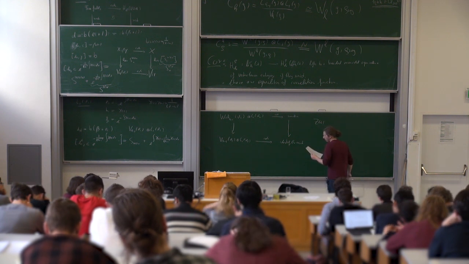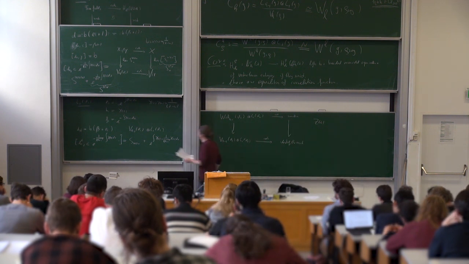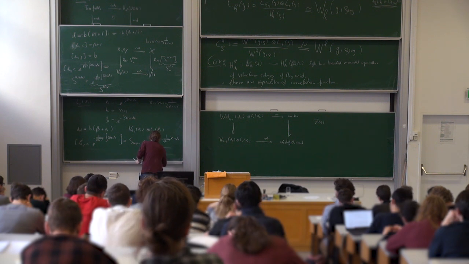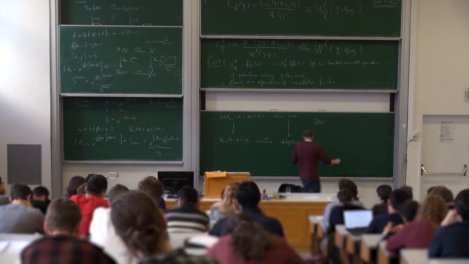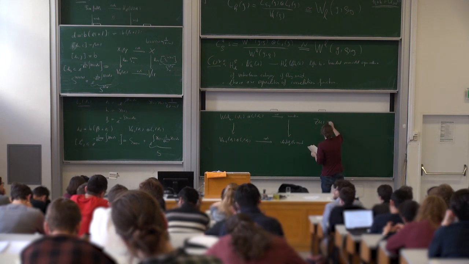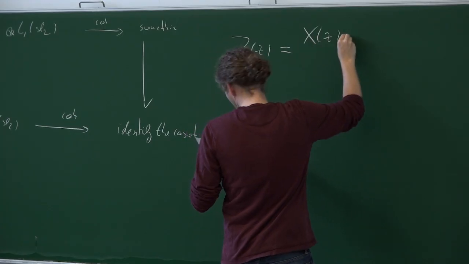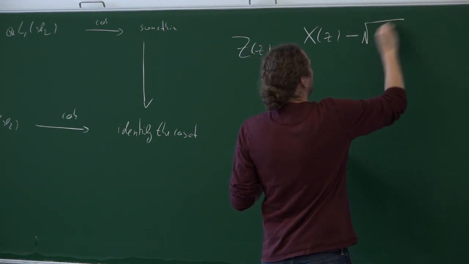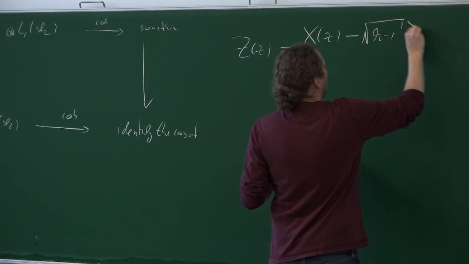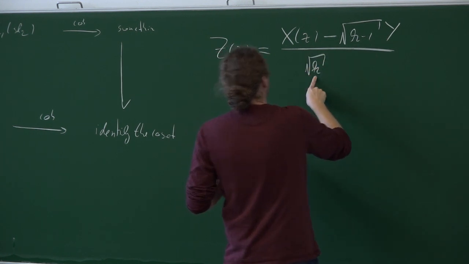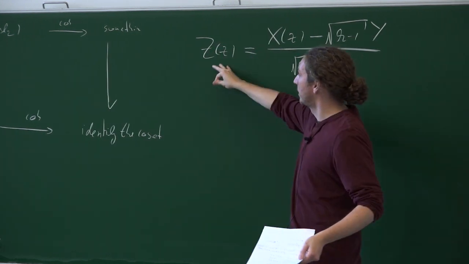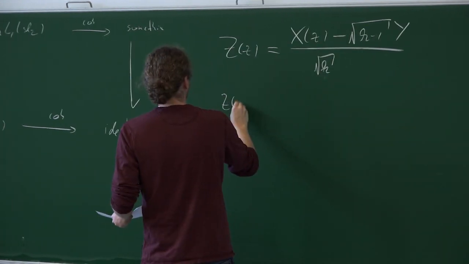So let's call this our next screening charge, just S. And what we do is we define Z to be X minus square root of k minus 1 Y, divided by square root of k. So this dividing by square root of k ensures that Z has norm 1.